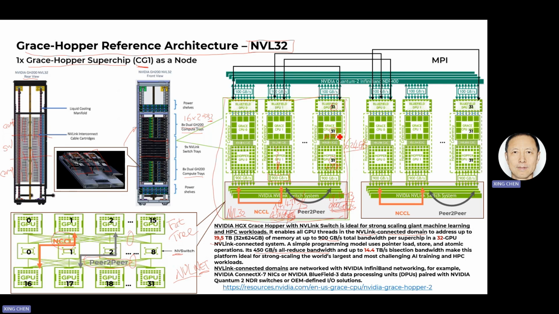The communication within an NVL domain has two schemes to make it happen, NCCL and peer-to-peer memory. Within an NVL domain or in between NVL domains, the communication should be done by using the MPI communication library.